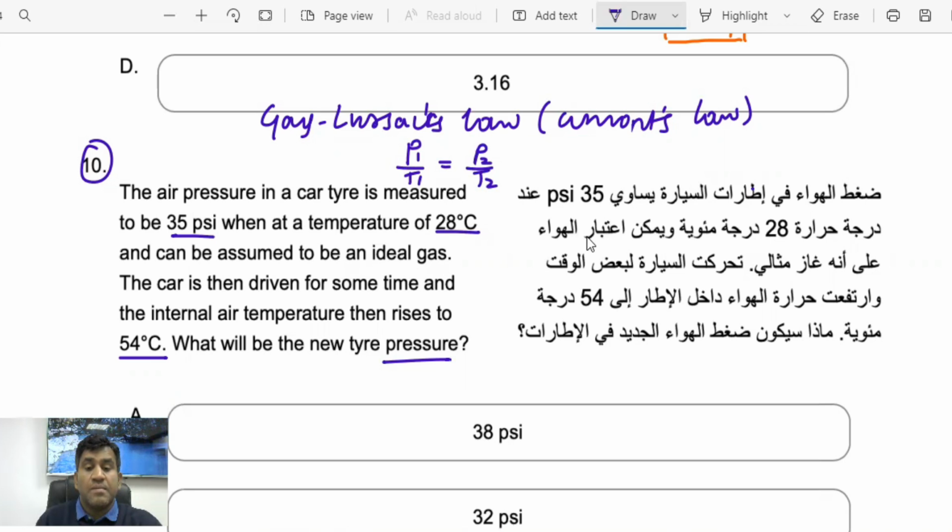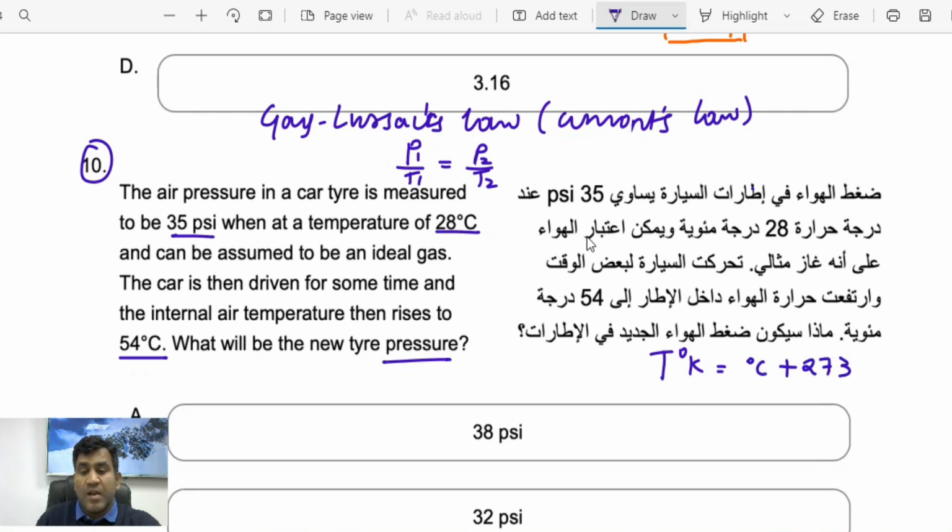Here they have given us the temperature in degrees Celsius, and you have to convert it into Kelvin. If you substitute directly, you will definitely get the wrong answer. So temperature in Kelvin is simply the temperature in degrees Celsius plus 273.